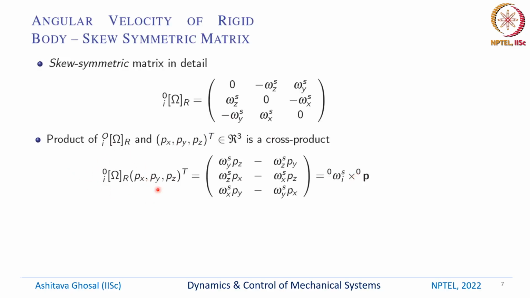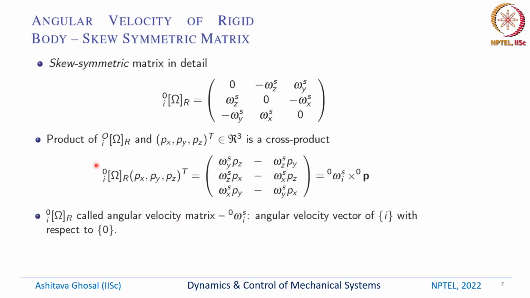The important thing here is the skew-symmetric matrix times some px, py, pz. If you expand it, you will get this, which is exactly the same as the cross product of two vectors, the angular velocity vector and 0 p. This quantity here is called the angular velocity of rigid body I with respect to the 0 coordinate system.